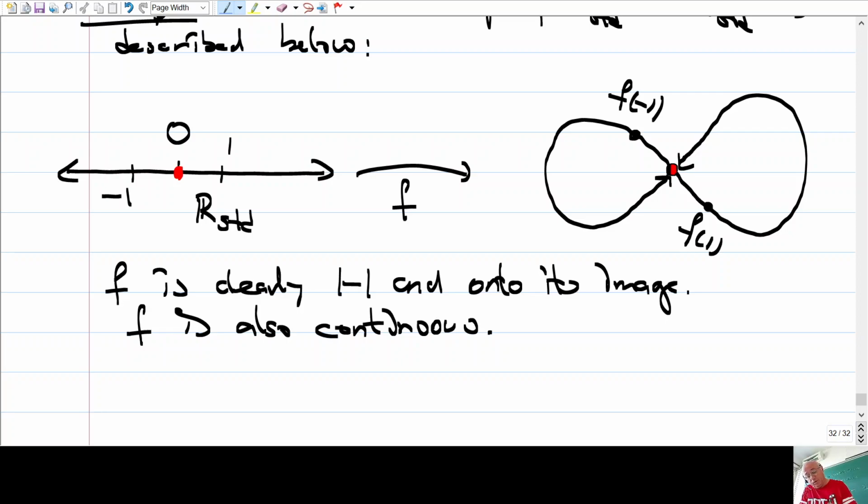Let's see why this is continuous. Actually, I haven't proved that yet, but it is enough to check that the inverse images of basis elements are open.